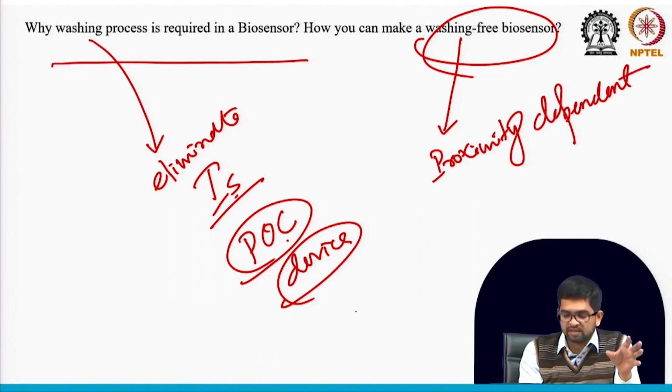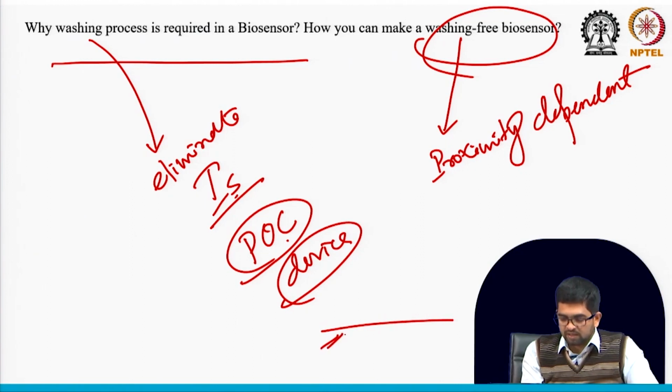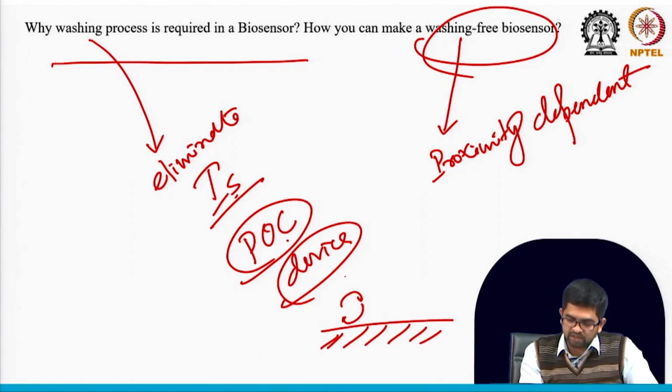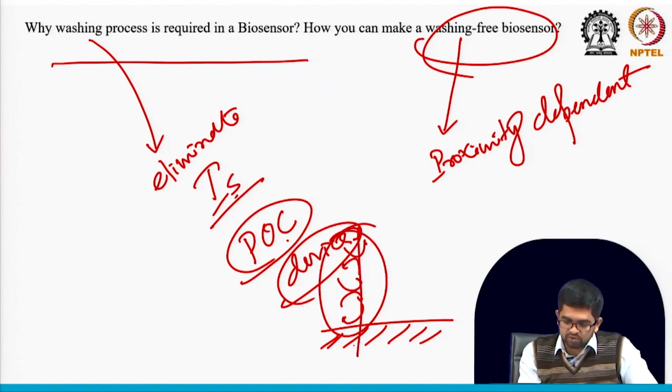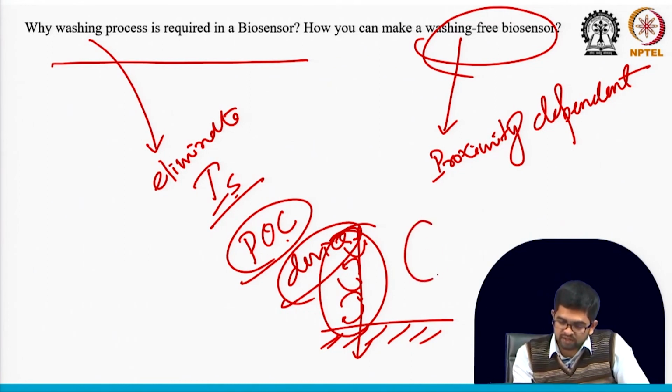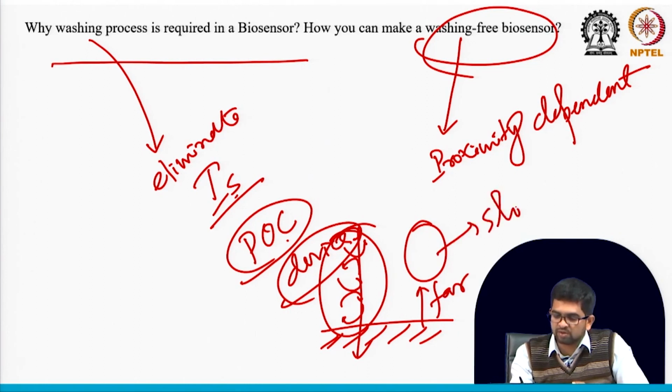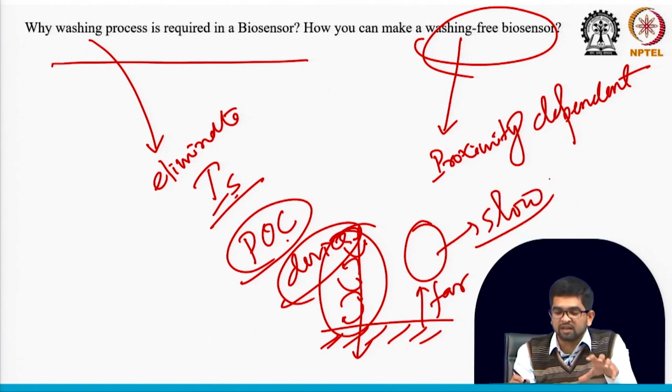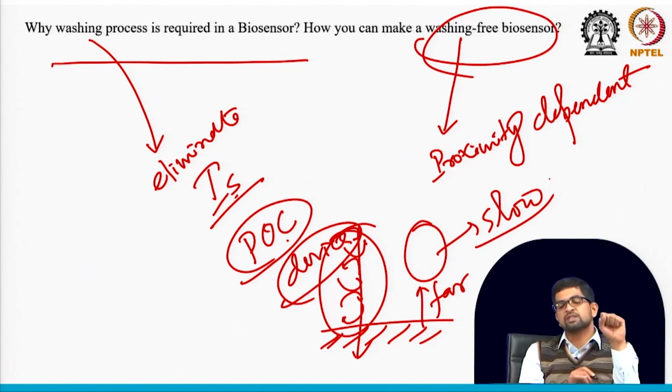I think you can remember, on the sensor surface we can develop the redox cycling, right? If this redox cycling happens very close to the surface, then you will get a higher current, and if this redox cycling happens far from the surface, then the reaction rate will be slow, and you will get a lower current. So that washing free concept you have to discuss.